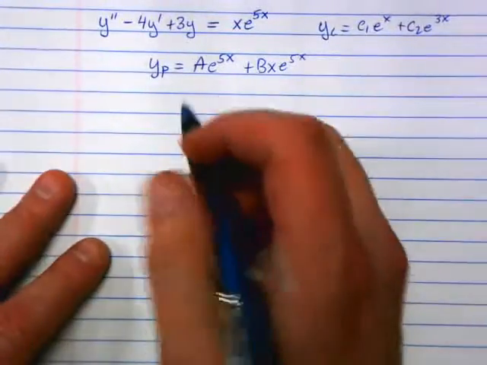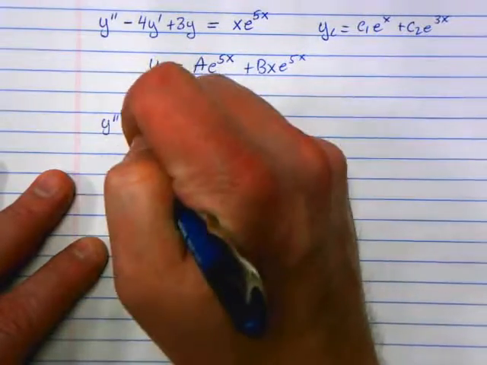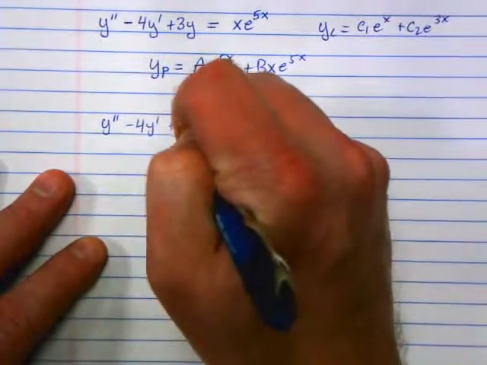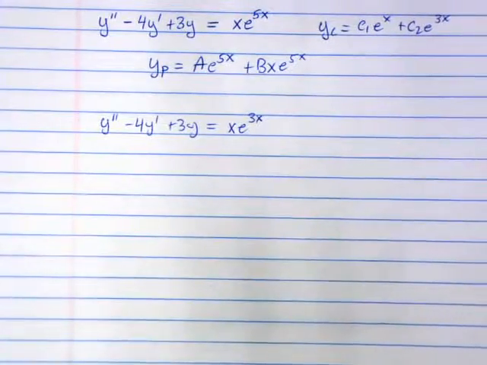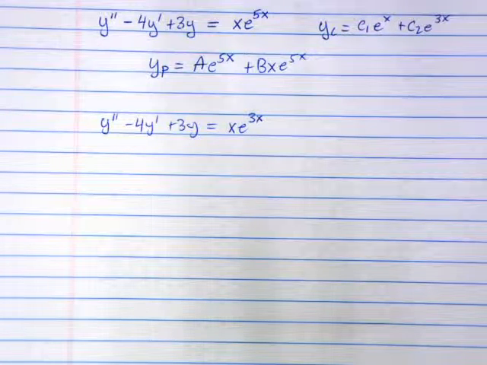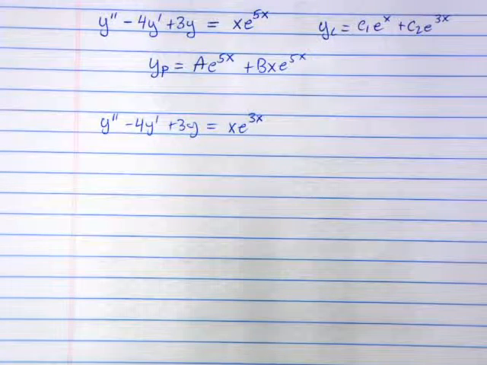Wonderful question. I was hoping somebody would ask that. What if I ended up with that? What if I started with that differential equation? y double prime minus 4y prime plus 3y equals x e to the 3x.